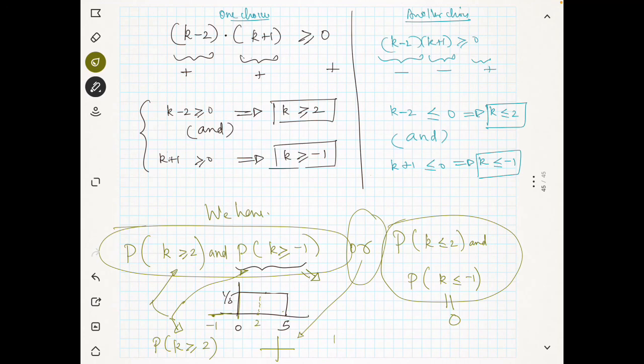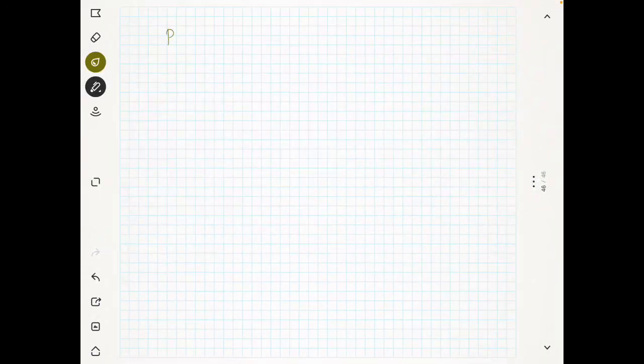So this term becomes 0, and we have the total probability that k greater than or equal to 2.